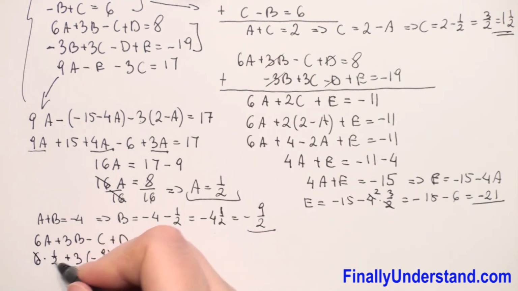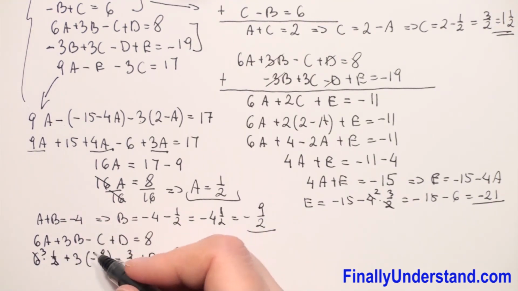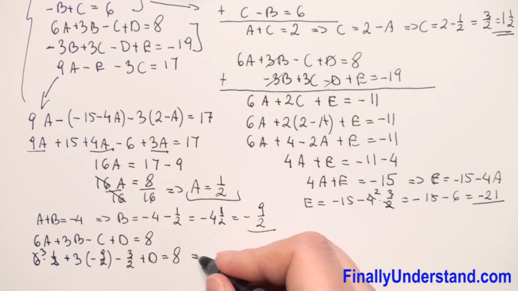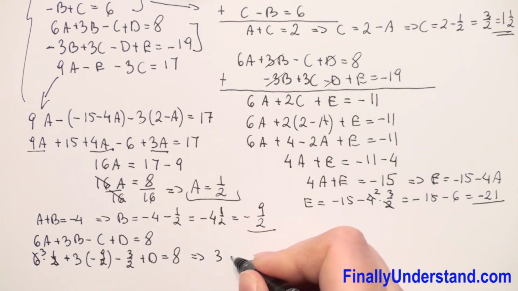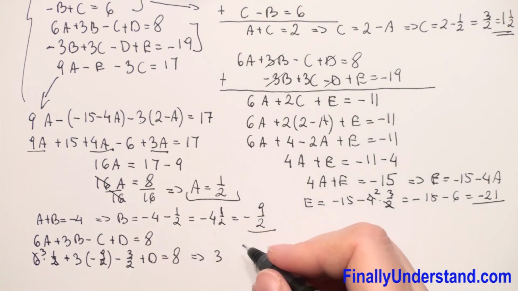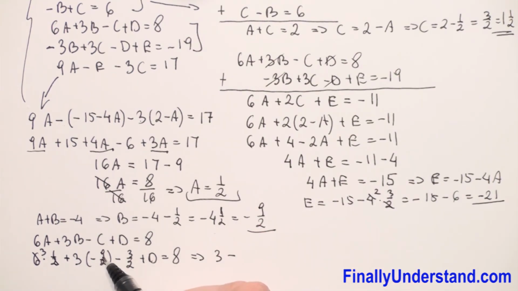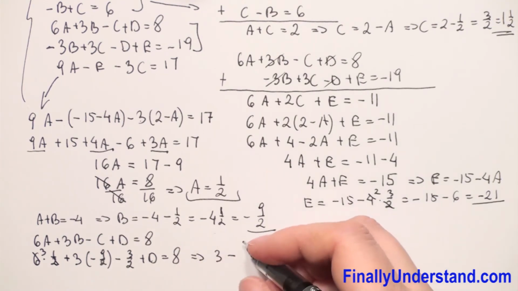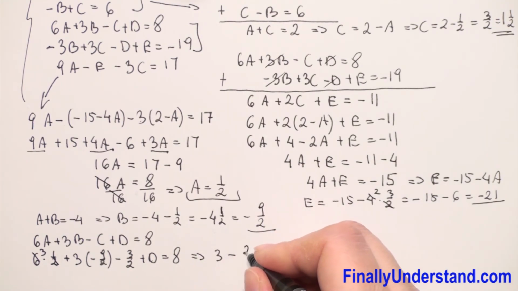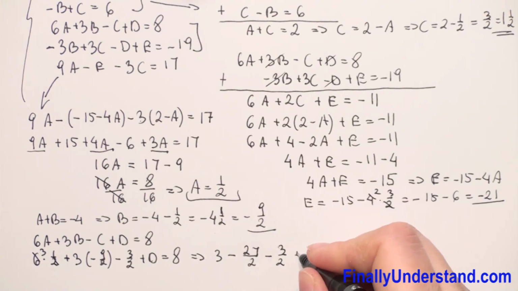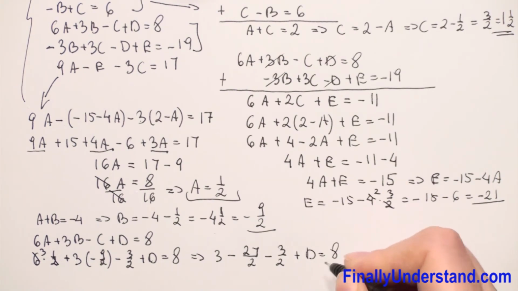So 6 with 2 we can reduce, would be 3. And next, what else we can do? So we have 3. Positive times negative would be negative. 9 times 3 is 27/2 minus 3/2 plus d is equal 8.